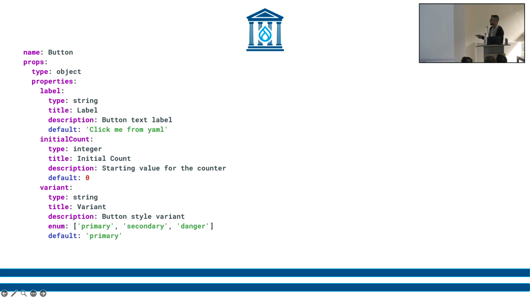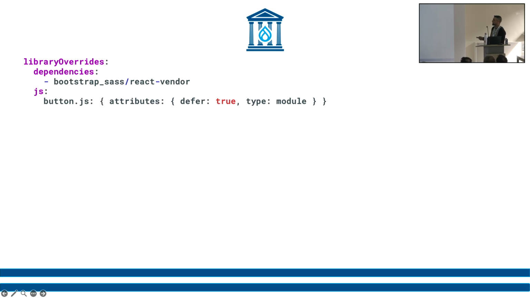We have the name and our props, an object that has a label, the initial count and the variant. Those are strings, and this is an integer. We also have the library override, because we need to add our React library, so we have to defer it.